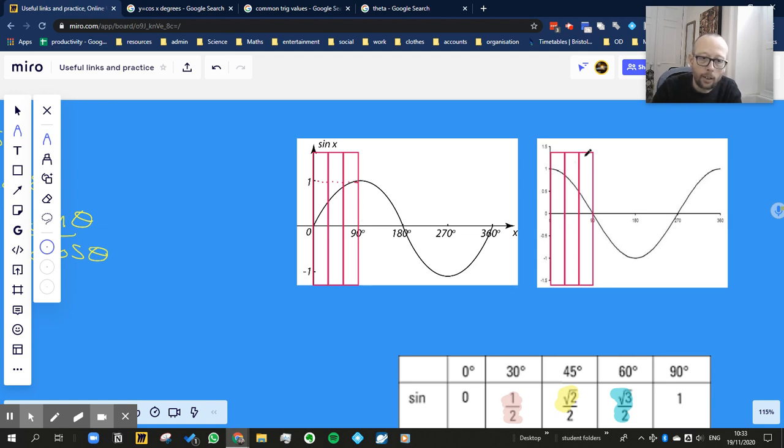Over here we have y equals cos x, and y equals sine x. We can see that cos of 0 is 1 and cos of 90 is 0.